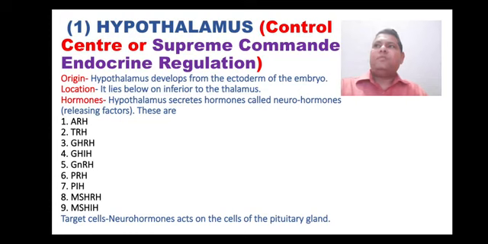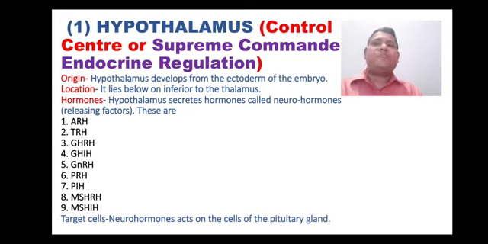Number 5, GnRH, gonadotrophin releasing hormone. It stimulates the anterior lobe of the pituitary gland to secrete the gonadotrophin hormones, follicle stimulating hormone FSH, and luteinizing hormone LH. Number 6, PRH, prolactin releasing hormone.